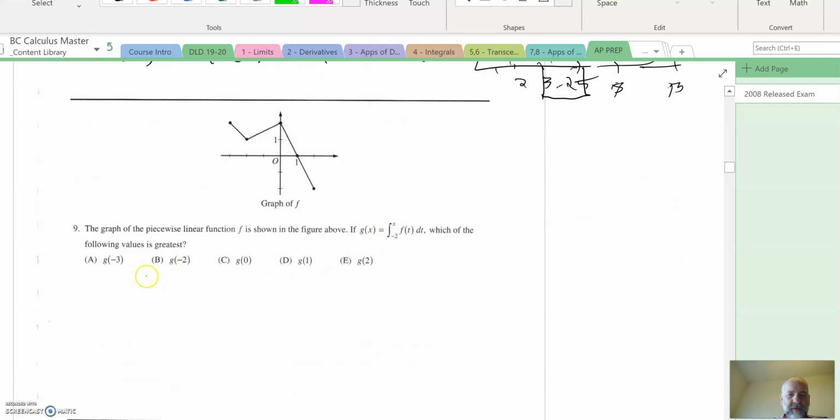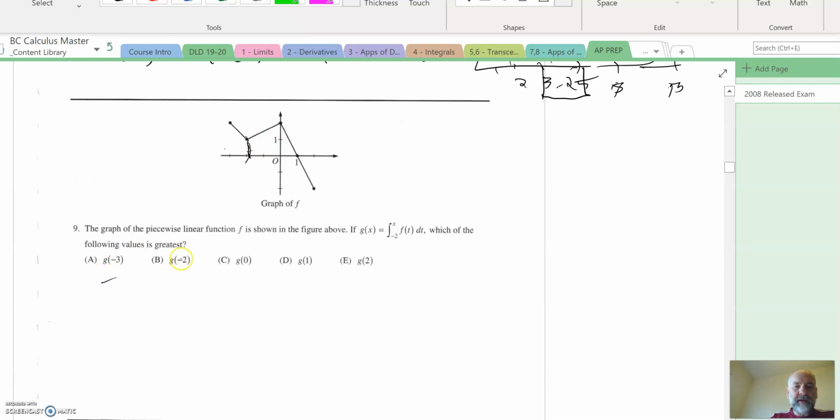Okay, I'm trying to find which one is the greatest. It's all g of something, and g is an integral from -2. So for -3, that would be the integral from -2 to -3. If you went from -3 to -2, that would be positive, but you're going -2 to -3, so that's going to be a negative number.